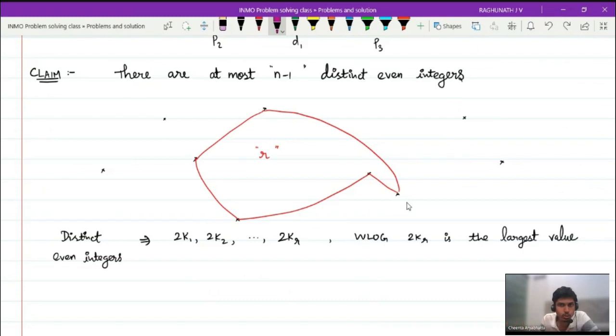I just take the largest value as 2kr. And let's say that this edge corresponds to 2k1, and this edge corresponds to 2k2, 2k3, 2k4, and so on till 2kr. This is 2kr.